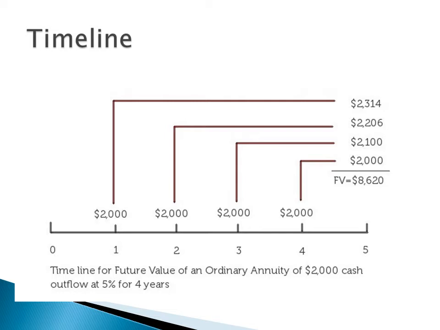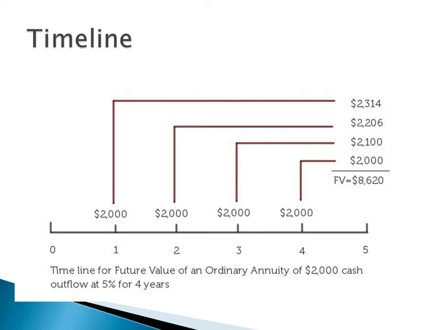The $2,000 invested in year 1 has been invested for a longer period of time. So year 1 is going to have interest compounded on it from year 1 to year 2, from year 2 to year 3, and then from year 3 to year 4. Where on the annuity of year 2, it's having interest compounded from year 2 to year 3.